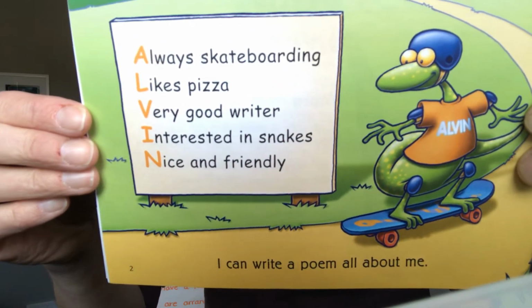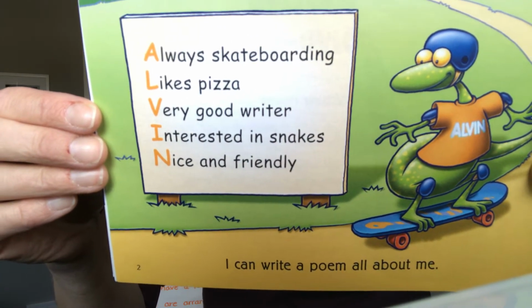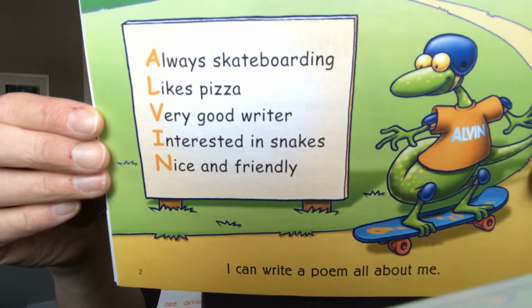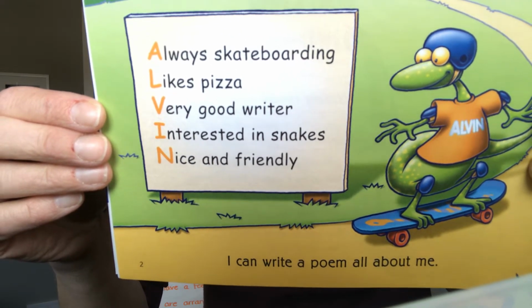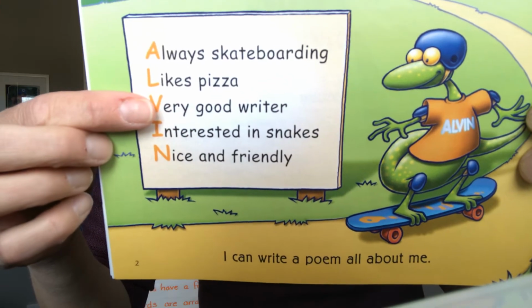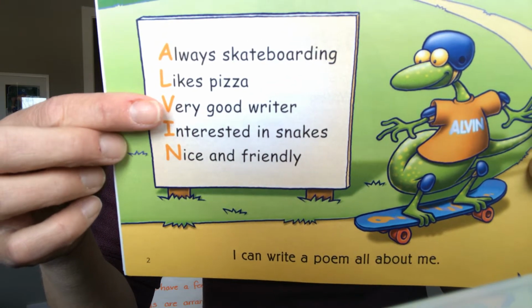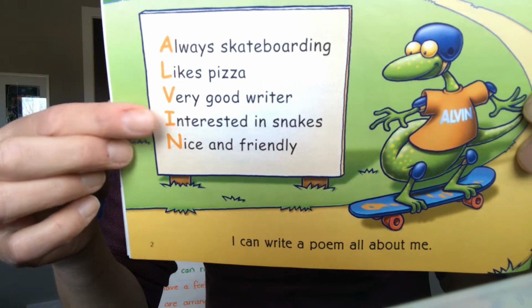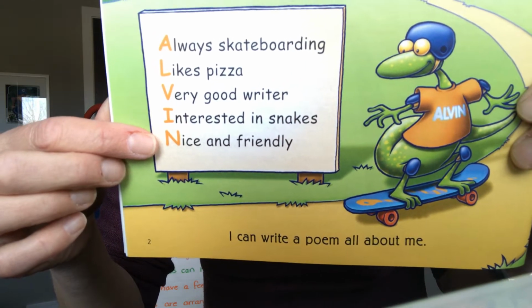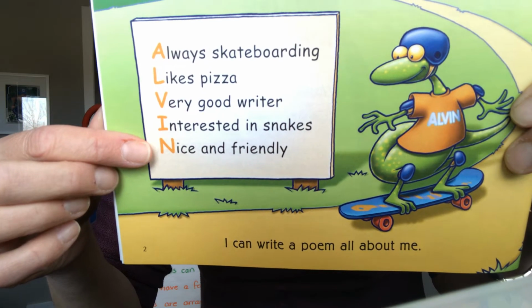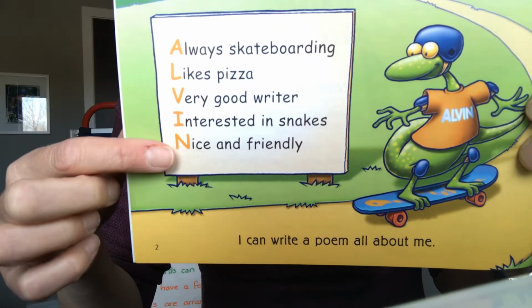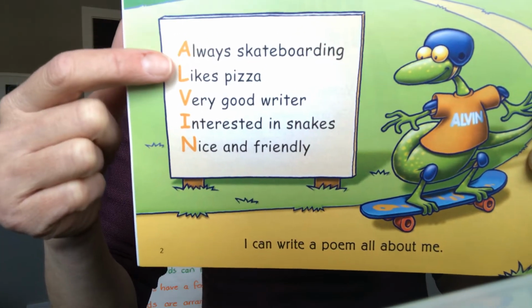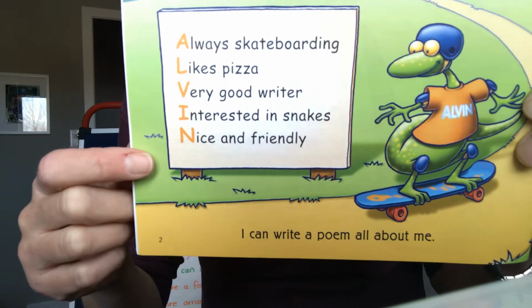So this one goes, always skateboarding, likes pizza, very good writer, interested in snakes, nice and friendly. So these are all things about Alvin, and he started each line with the letters from his name.